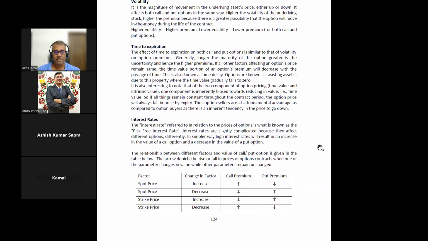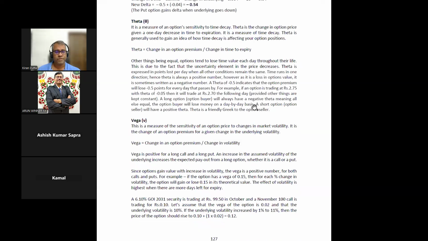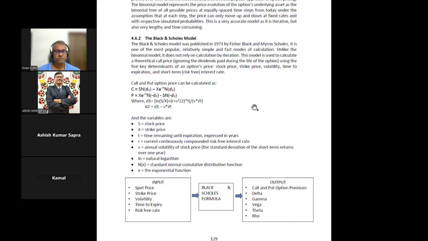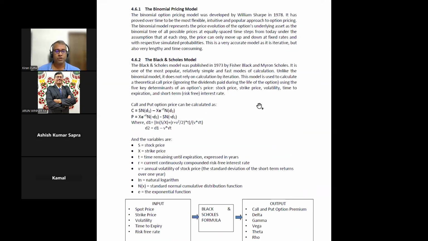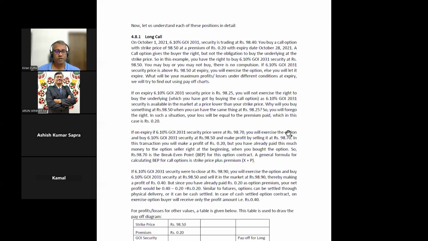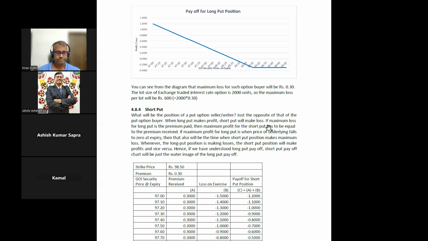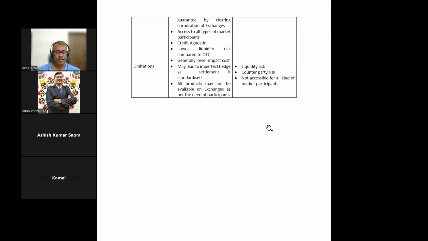Interest rate derivatives. This is the same thing that we have discussed again. Option Greeks: delta, gamma, theta, vega. Again, the types of the models: binomial, Black-Scholes, implied volatility, payoff diagrams, again long, short, who will get what, unlimited, limited. Again and again.